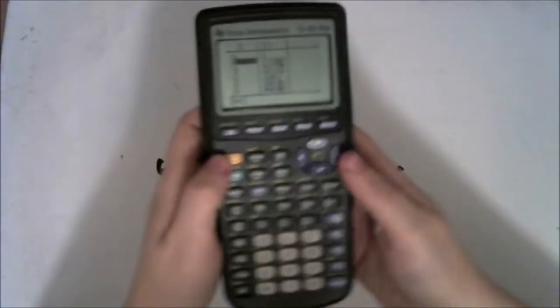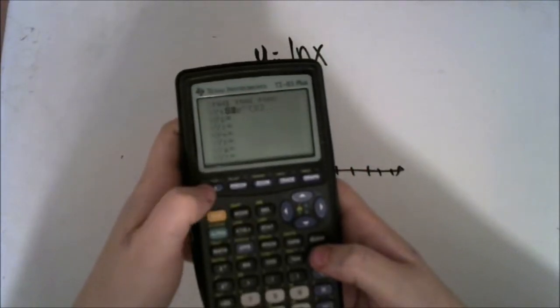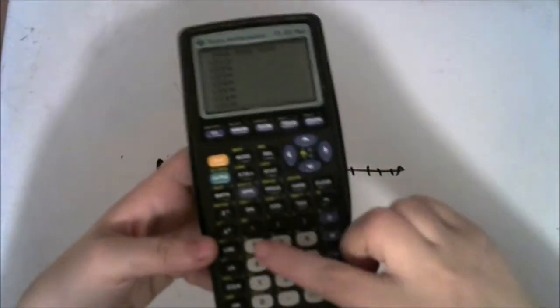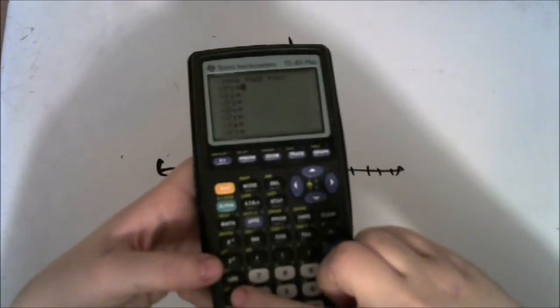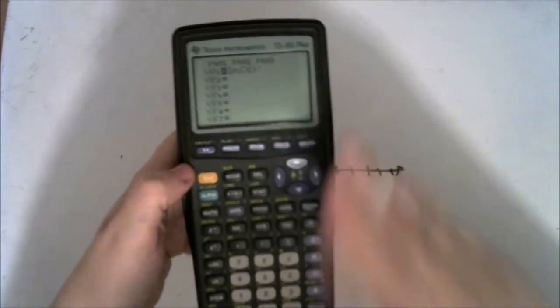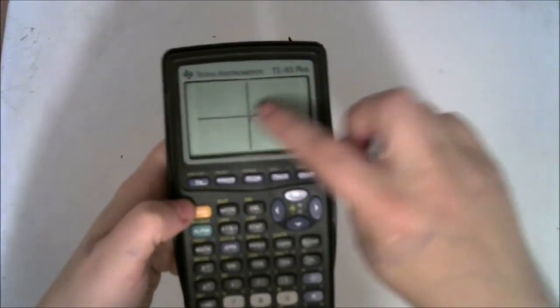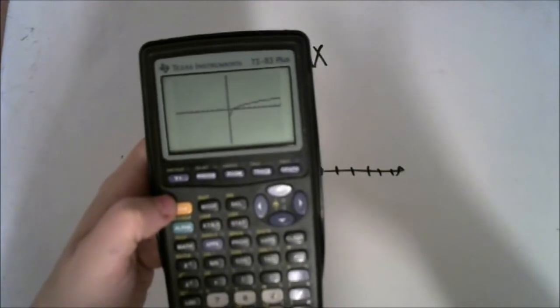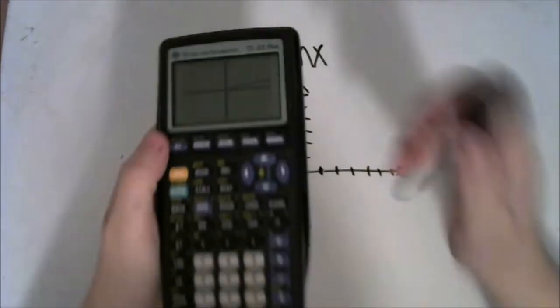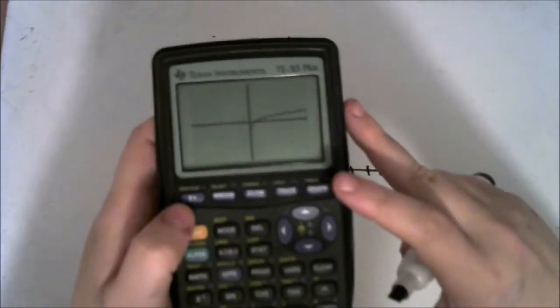Go ahead and take out your graphing calculator and go to your y equals function. Your ln button, or your natural log, is next to the 4, and you just type ln of x. When you graph, we should be set to the standard setting, and you should see what actually looks like a square root function. It's up to you to make sure your logarithm looks like a logarithm and has an asymptote where it's supposed to.